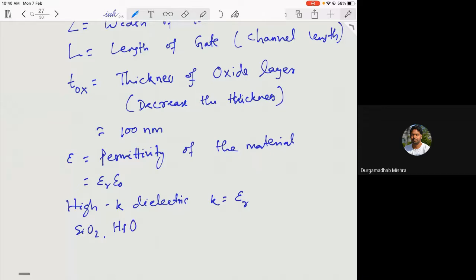One famous one is hafnium oxide. In the semiconductor industry, people are also talking about replacing silicon dioxide with hafnium oxide.